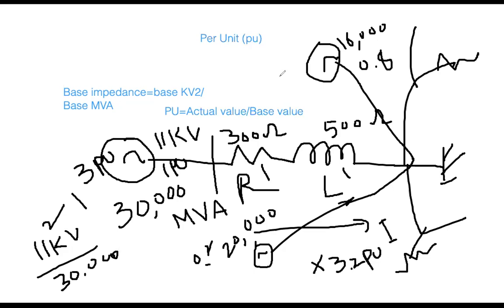So if you read any literature, after defining the base value for the MVA and the base value for the terminal voltage, the literature immediately defines the base impedance. That will be used throughout for any component, resistance, inductance, or capacitance. It is base kV squared over base MVA. Then, as you can see, still you will get a small number.